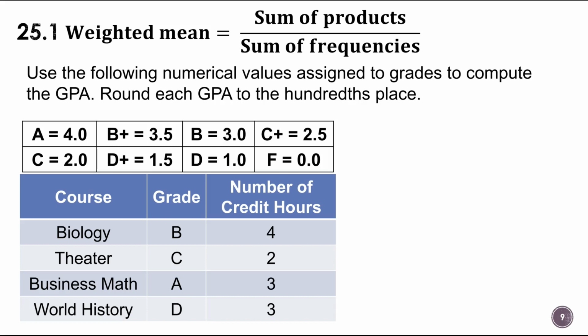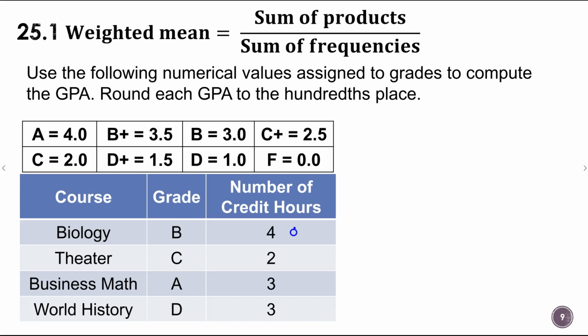Okay, so here's how this works. When you're taking a number of credit hours, it's not just worth 4 hours, right? It's going to be 4 hours times the grade you made on it. So if you make a B in biology, B's are worth 3 points.